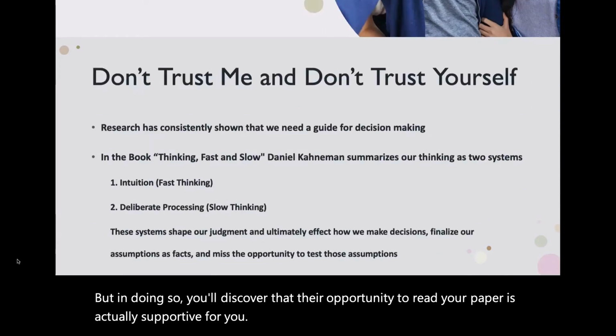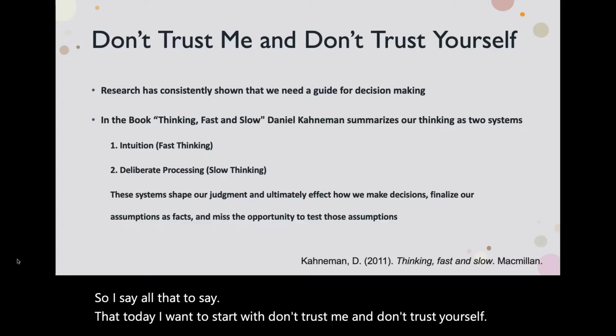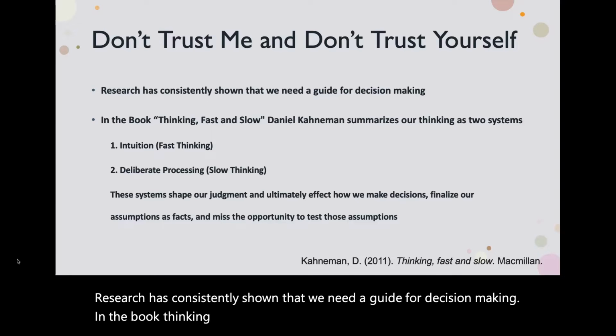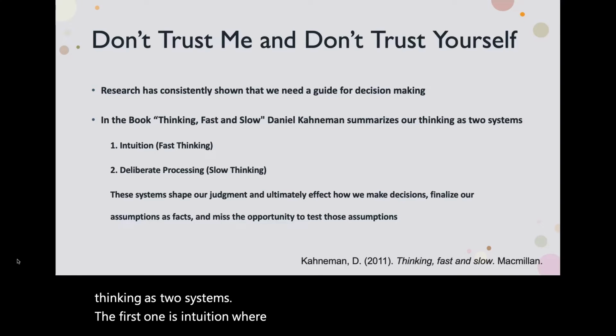So I say all that to say that today I want to start with, don't trust me and don't trust yourself. Research has consistently shown that we need a guide for decision-making. In the book, Thinking Fast and Slow, Daniel Kahneman summarizes our thinking as two systems. The first one is intuition, where we often think very fast.